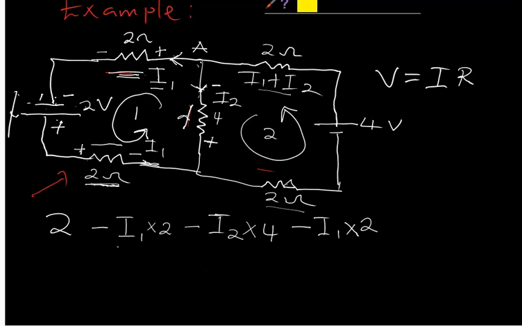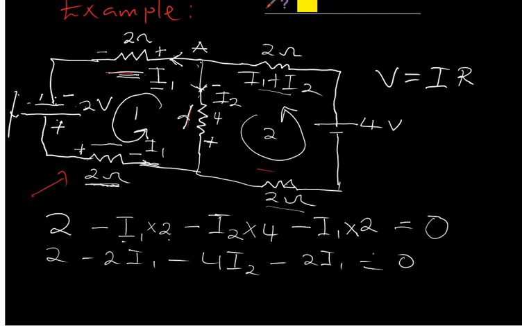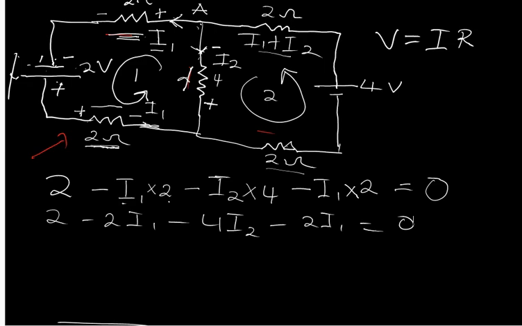According to KVL, the sum of these voltage drops is equal to 0. Let me write it: 2 times I1 is 2I1, minus 4I2, then minus 2I1 is equal to 0. Now let's collect like terms together. Minus 2I1 minus 2I1 will give me minus 4I1.